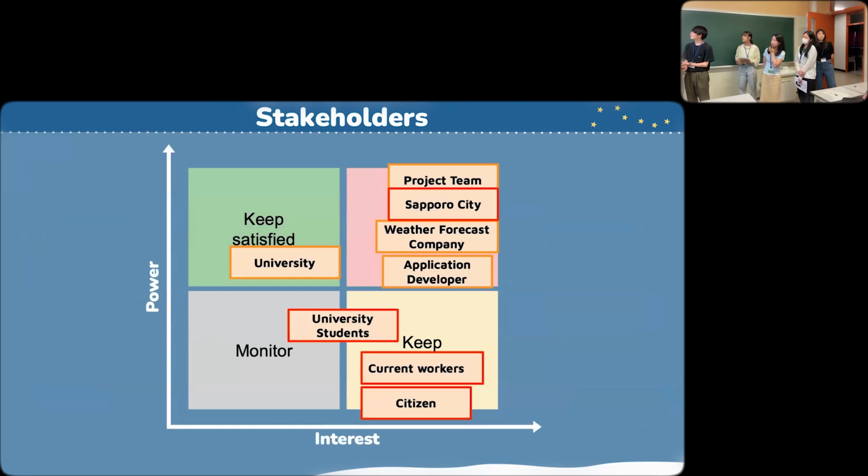Second, Sapporo City has high impact and high interest to this project because Sapporo City is now struggling with the snow removal problem, and the city's cooperation is indispensable for our project. And the third, current workers are also highly interested in this project since this project would help them a lot.